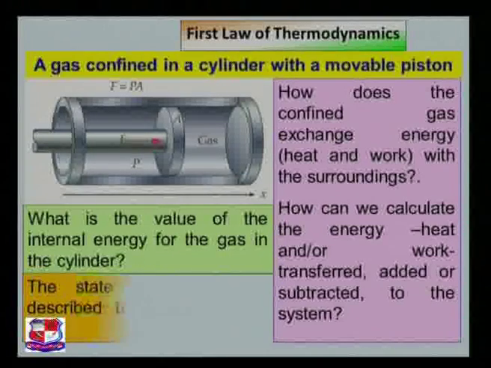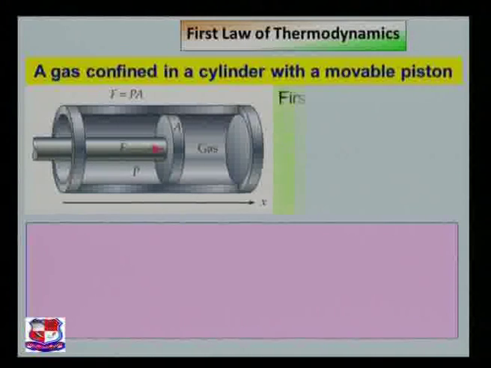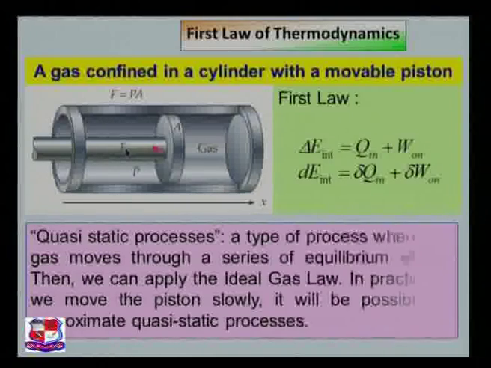So for that, the state of the gas is described by the ideal gas, PV is equal to nRT, and first law can be applied to this system. Delta Q internal is equal to delta Q in plus W on, and this is the integration and equation to find out the change in energy.